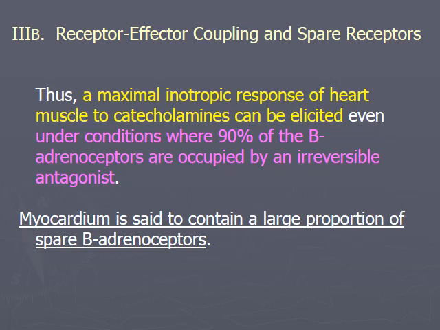Inotropy means strength of contraction. So if a drug has a positive inotropy, it means it makes your heart beat harder than it otherwise would. Right? So compared to acetylcholine, does norepinephrine have a positive inotropy or a negative inotropy?